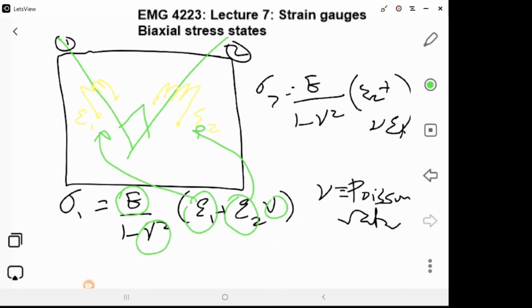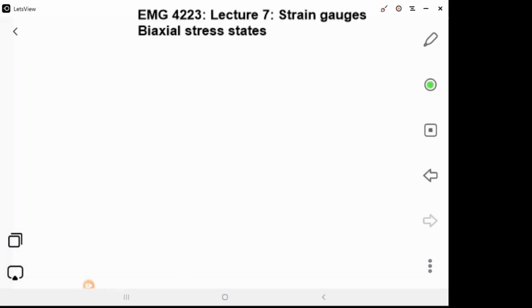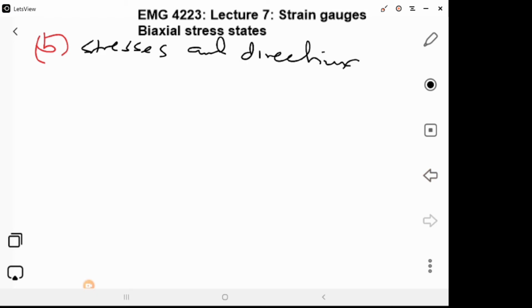Now the second case of biaxial strain is when the stress field, that is the stresses and their directions, are unknown.